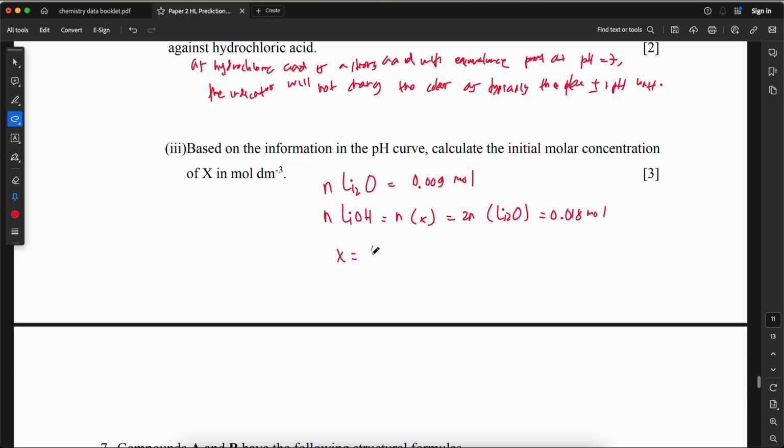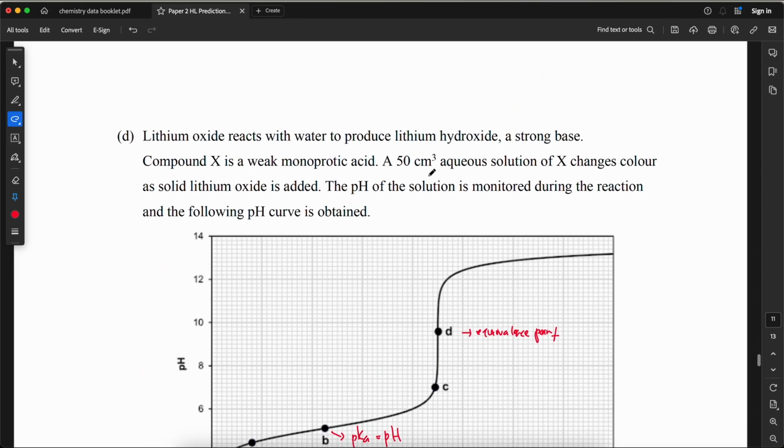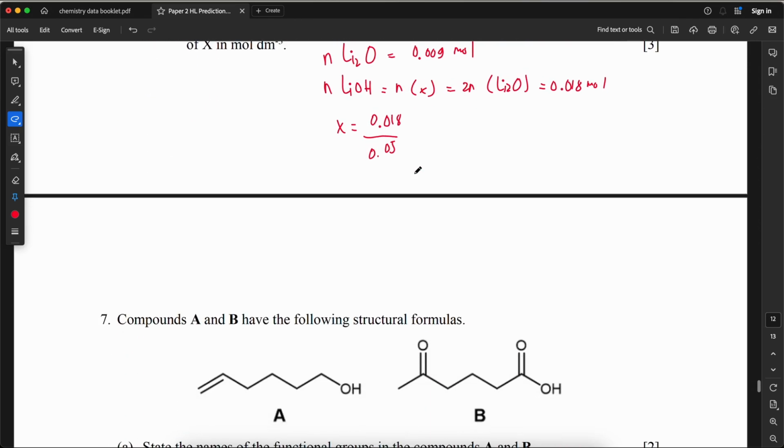So X will be 0.018 divided by 0.05, this is the volume. So you get 0.36 mole per decimeter cube.